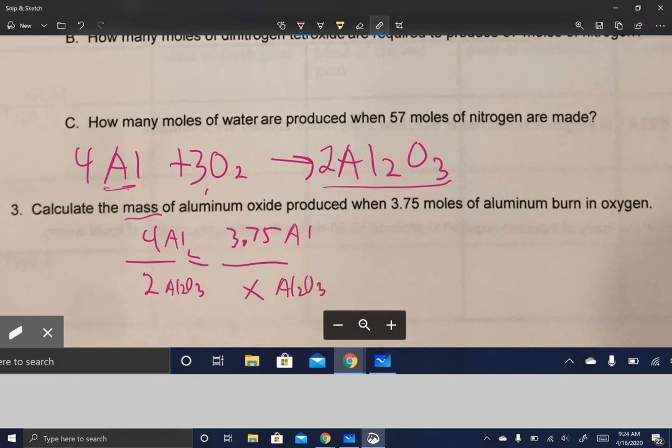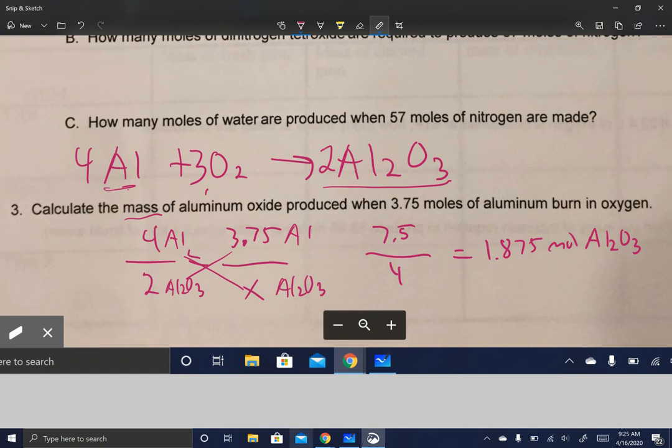So I'm going to set a proportion up and say, if 4 makes 2, 3.75 makes X. So it's going to be 3.75 times 2 divided by 4, right? So 7.5 divided by 4, and that is 1.875 moles of Al2O3. So that's how many moles of Al2O3 this many moles of aluminum will produce.